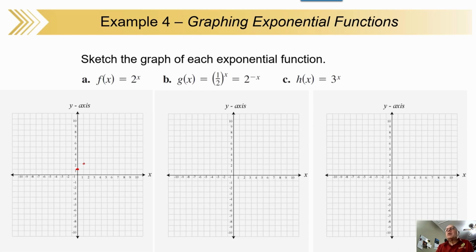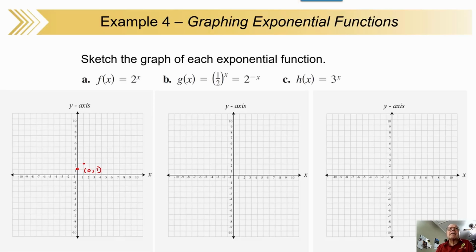Now, one of the things you'll get familiar with is that all of these have the point 0, 1. All the exponential functions in their basic form go through the point 0, 1. Even 3 to the x. The 3 doesn't change that. It still will go through 0, 1.